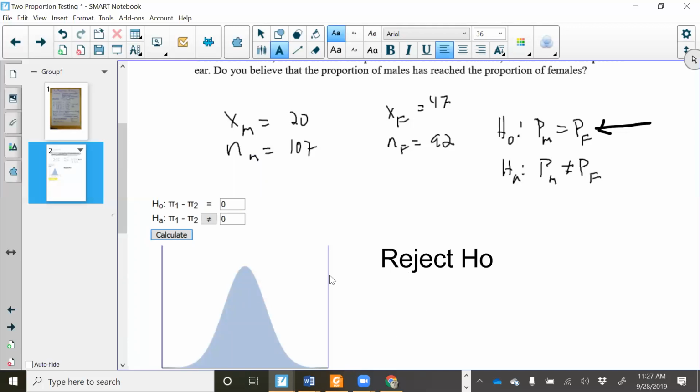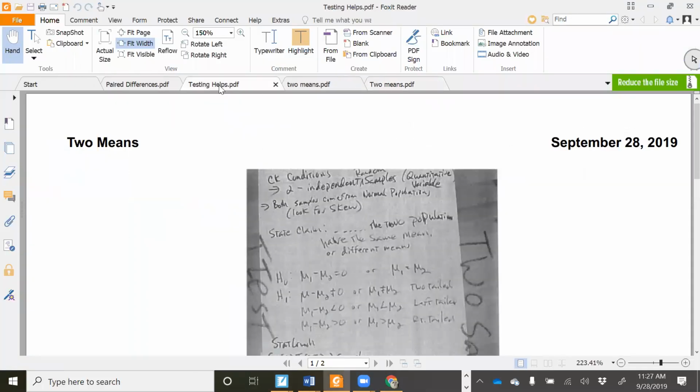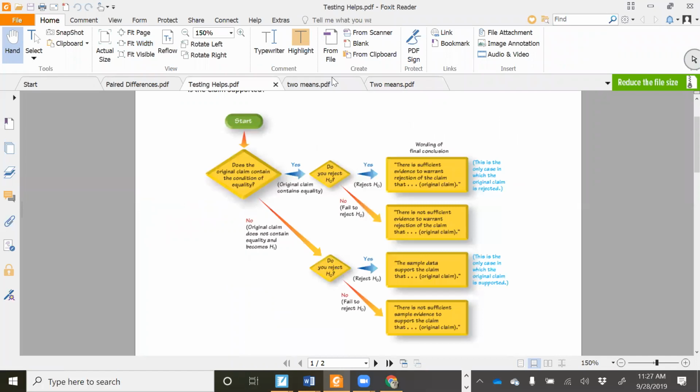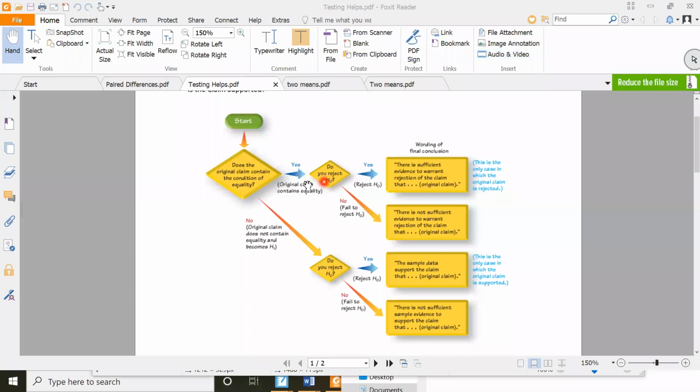So if we go to that flow chart, let's see here. Here's a situation. Let me get a highlighter going. Here we had a condition of equality. I made that claim in H0. So I've got a condition of equality. Did I reject H0? I sure did.